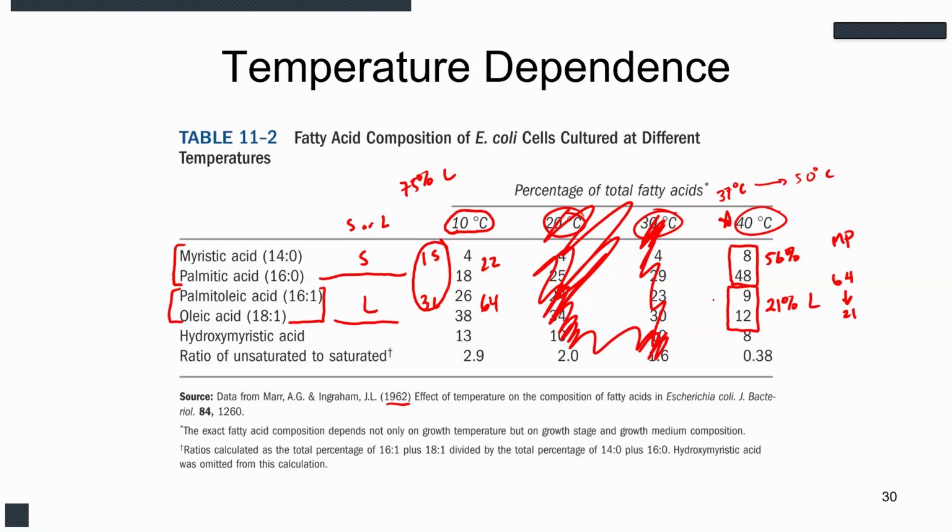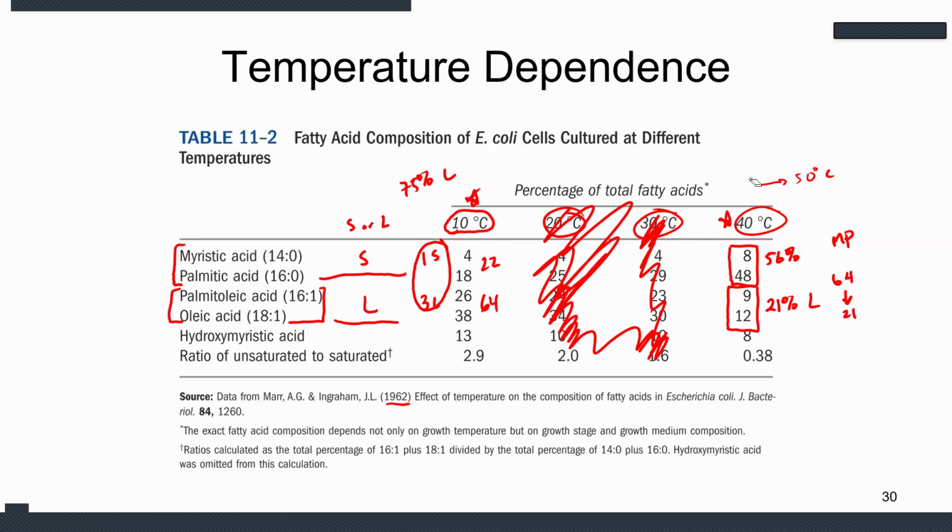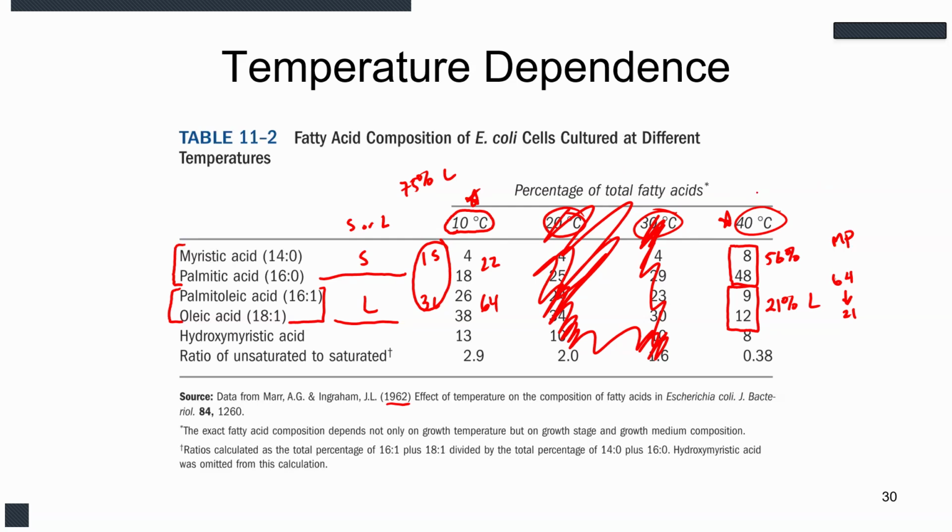One of the ways that I think about these 2 columns and across all 4 of these columns is I like to imagine it as these E. coli cells, whether they're at 10 degrees, 20, 30, or 40 degrees Celsius, they want their membrane to feel the exact same way. At 10 degrees Celsius, they want it to have this much mobility, they want it to have this much bounce.